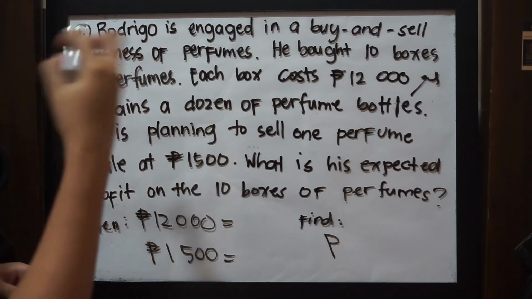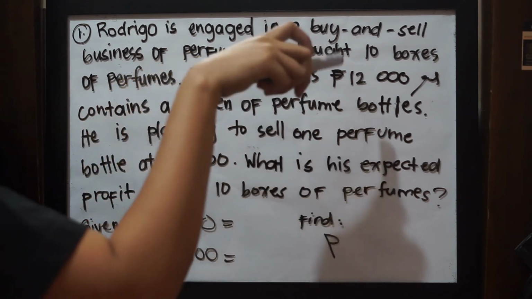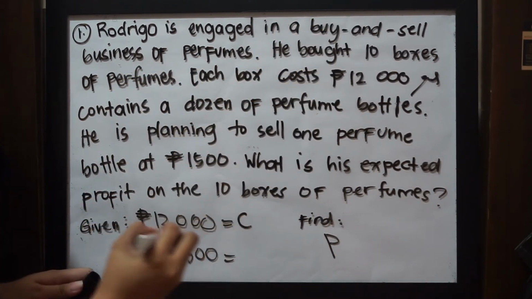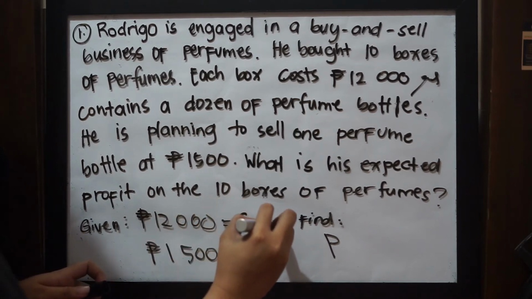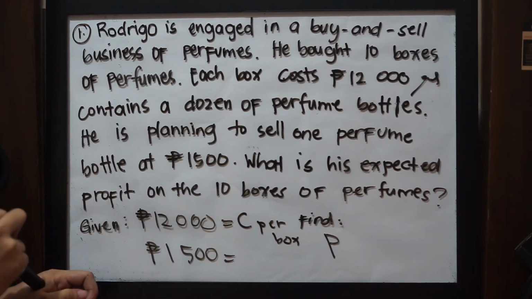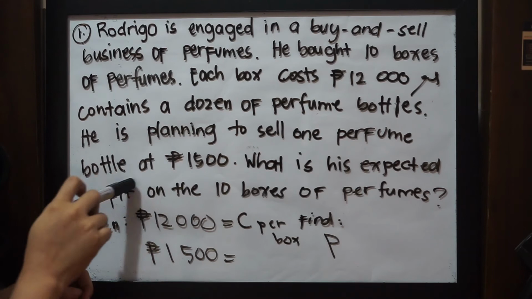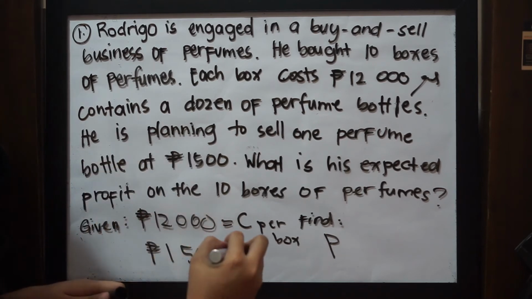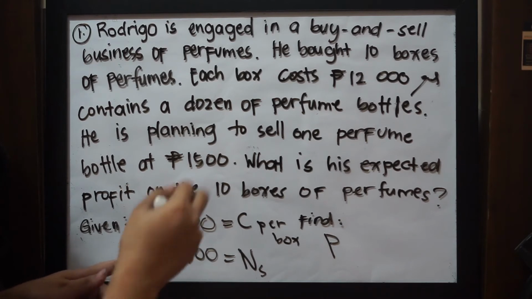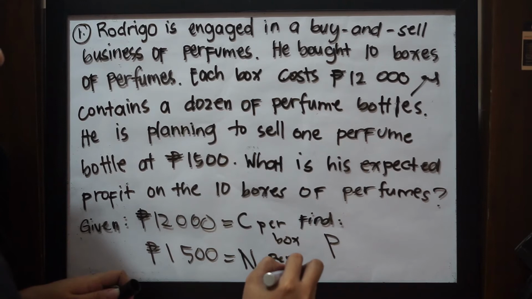Going back to the problem, each box costs 12,000 pesos, so ito yung cost per box. Next, ano naman yung 1,500? He is planning to sell one perfume bottle at 1,500 pesos. So, 1,500 is the net sale per bottle.